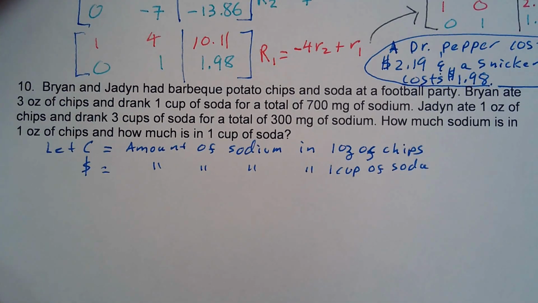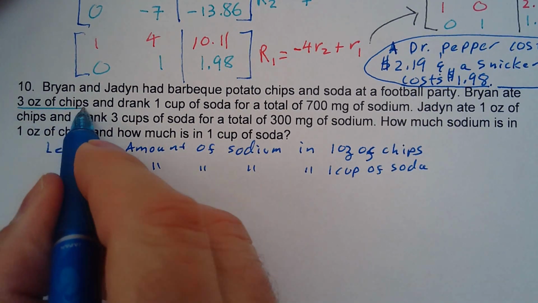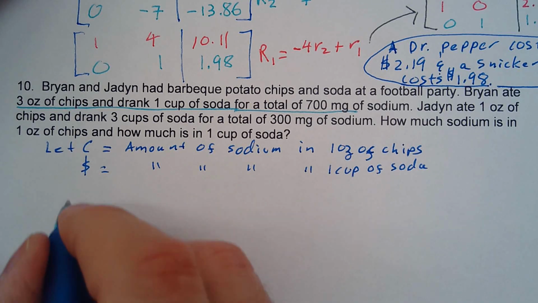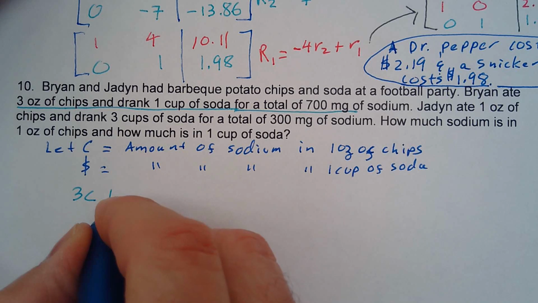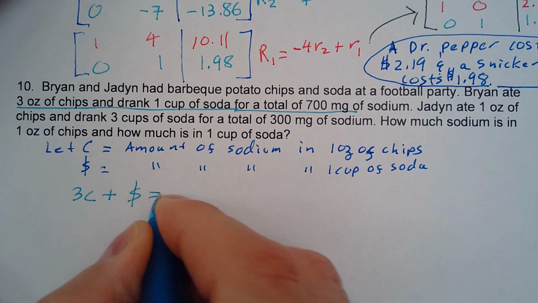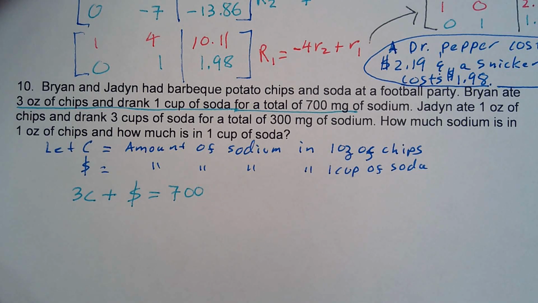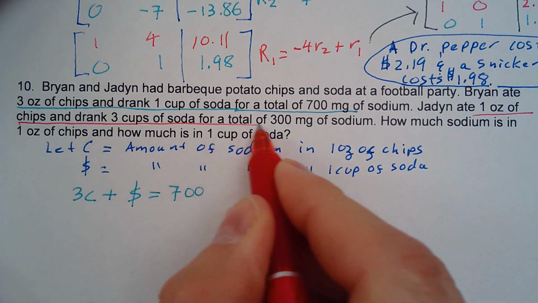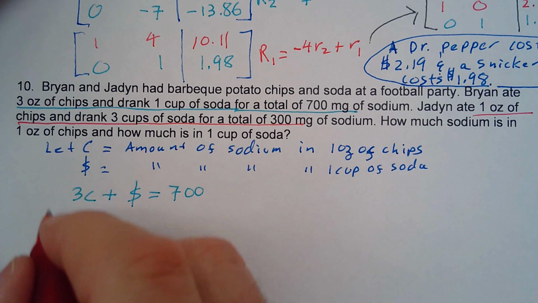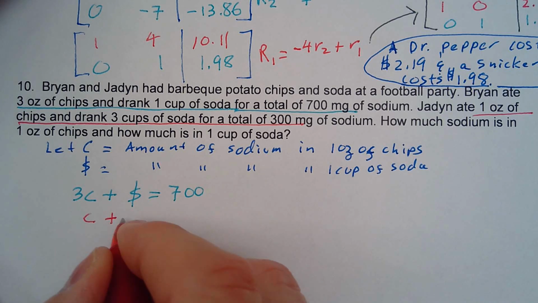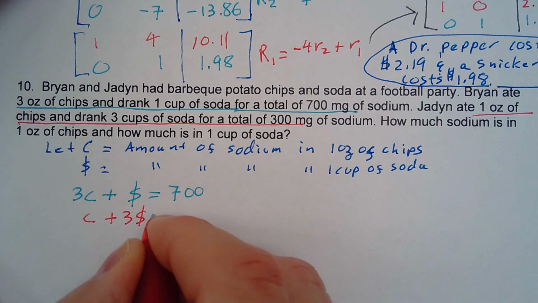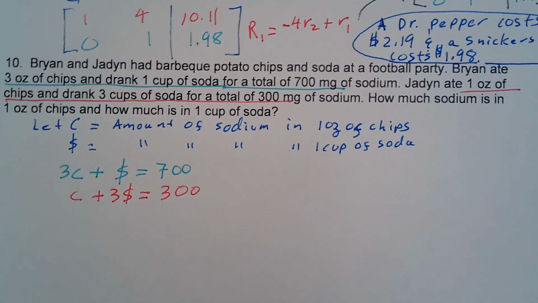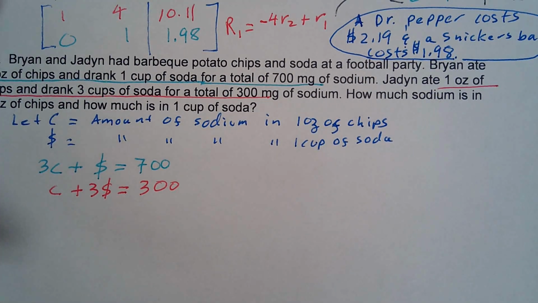So our first equation would be 3 ounces of chips and 1 cup of soda. So that'd be 3C plus S equals 700. Jaden ate 1 ounce of chips and drank 3 cups of soda for 300 milligrams of sodium. So that would be C plus 3S equals 300. Now you can kind of guess what I want to do is switch around the first and second row.